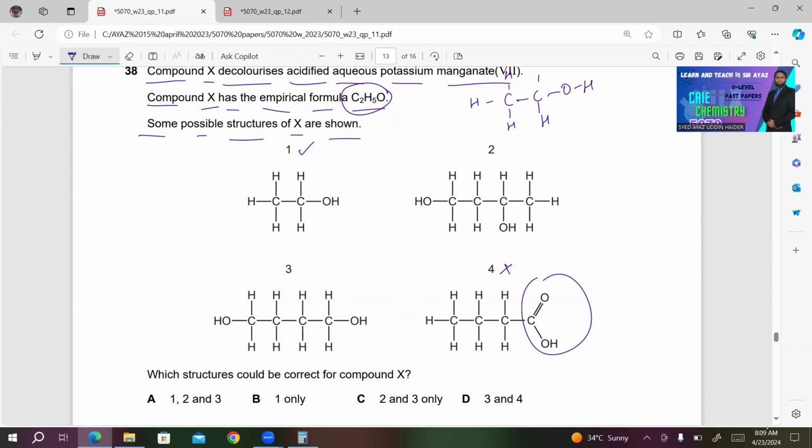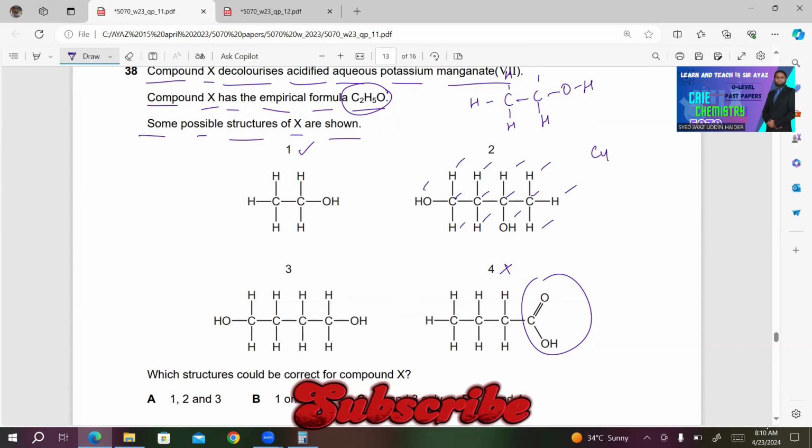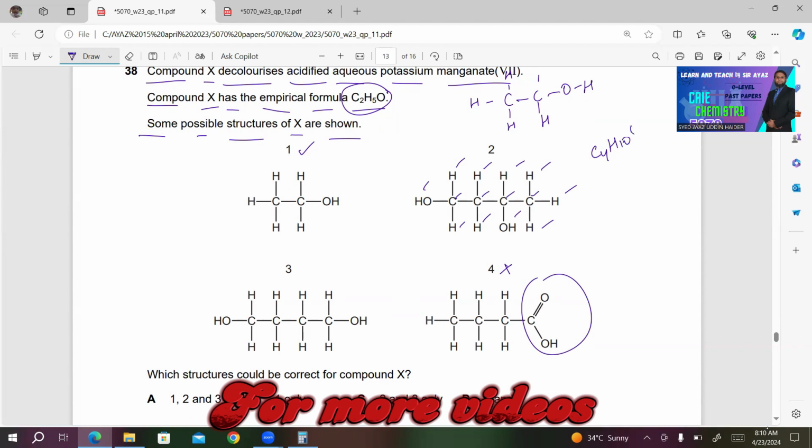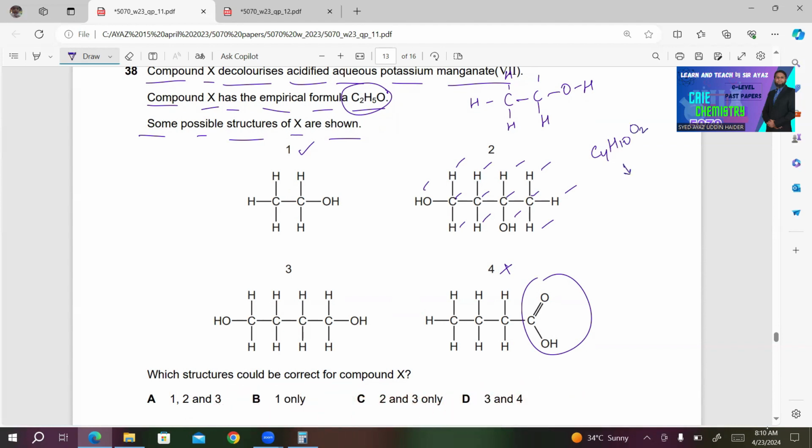For 2, how many carbon atoms? 1, 2, 3, 4. So we have C4. Hydrogen: 1, 2, 3, 4, 5, 6, 7, 8, 9, 10. H10. And oxygen is 2. If you simplify it, you will get C2H5O. So this also looks correct to me. What about 3? Let's write the molecular formula.